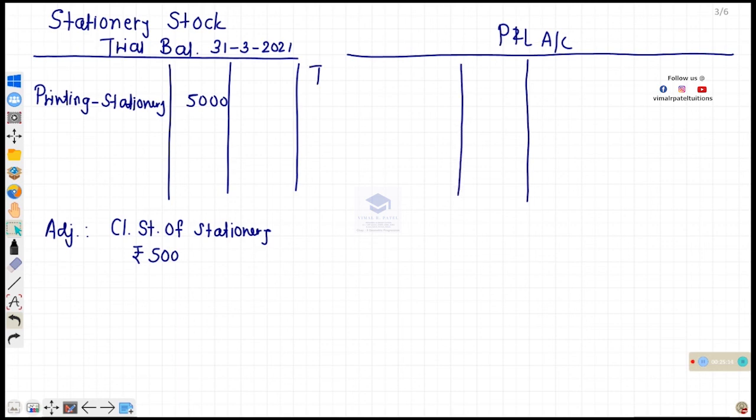On the debit side of P&L account, printing and stationery 5,000 minus stationery stock or closing stock of stationery.